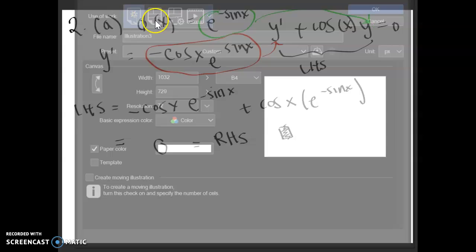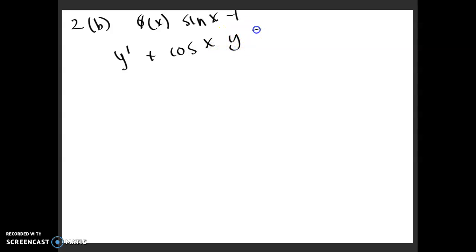Okay, so let me do a couple more. Let's do a few more problems on number 2. Let's do B. All right, so B is given as the function sine of x minus 1, and we have to prove that y prime plus cosine of x y equals sine x cosine of x.